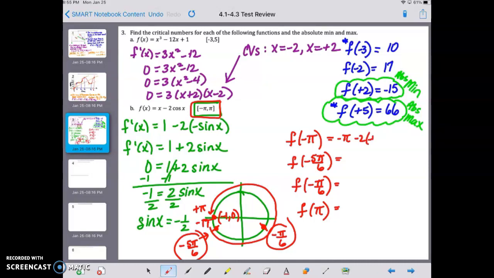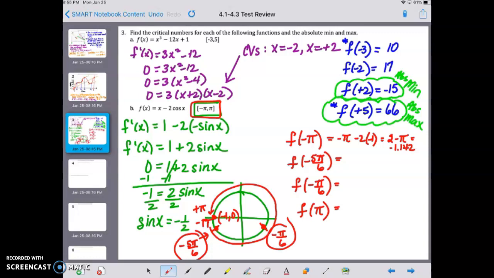So then I have negative 2 times negative 1, which makes a positive 2. So I end up with 2 minus pi for this value right here, which if we simplified that would be negative 1.142.